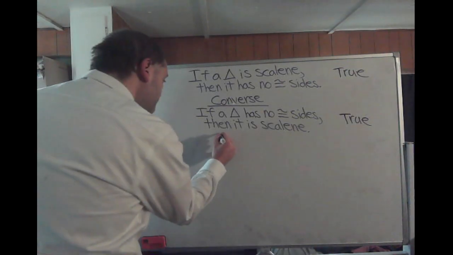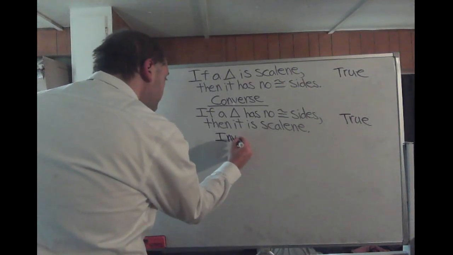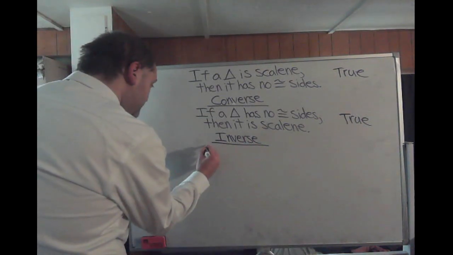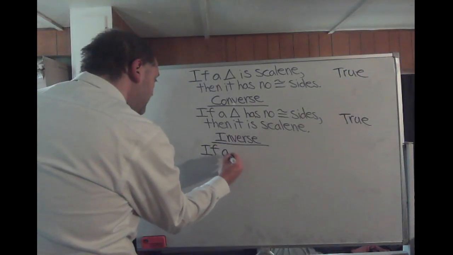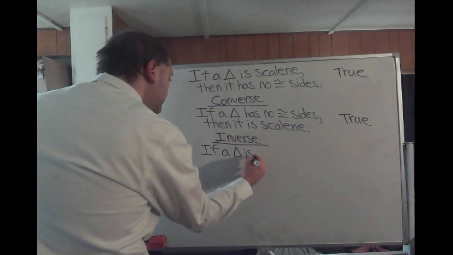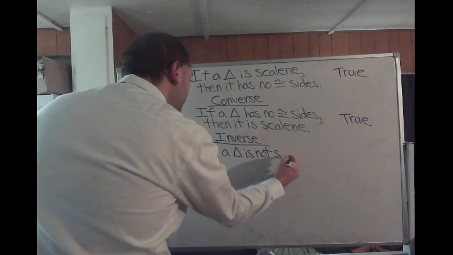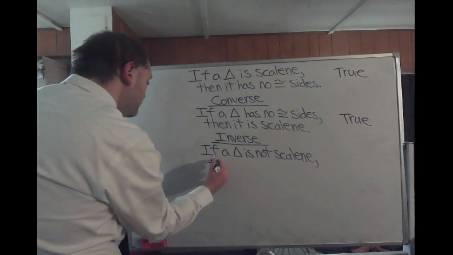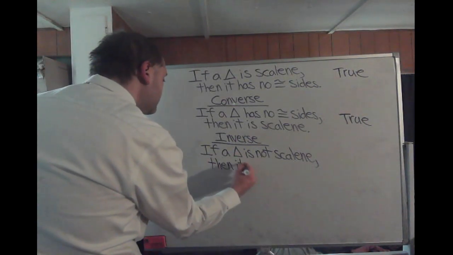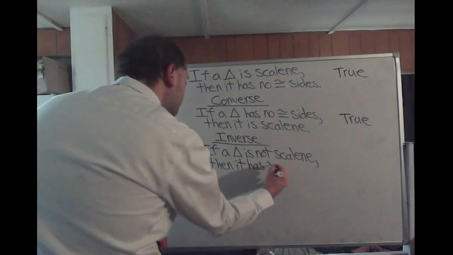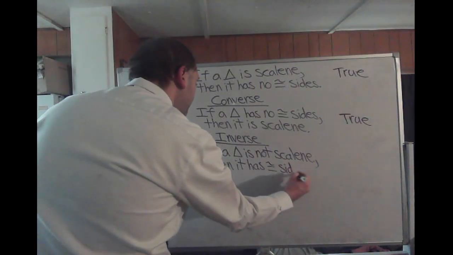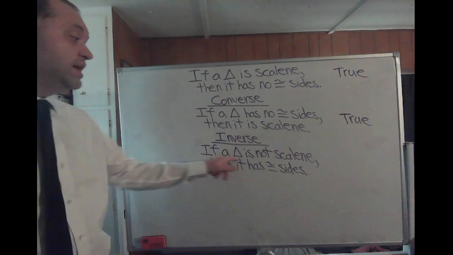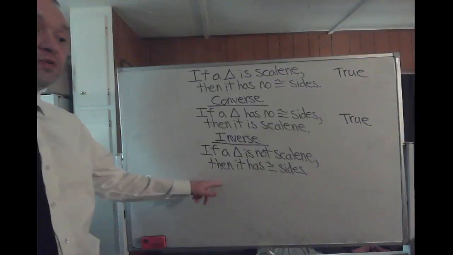Now what about the inverse? The inverse states that if a triangle is not scalene, then it has congruent sides.